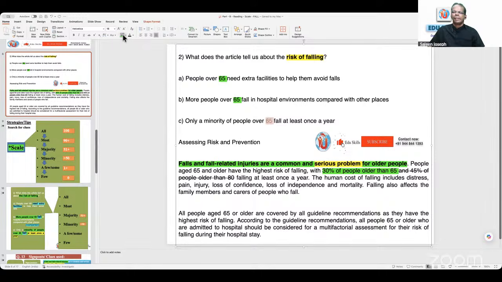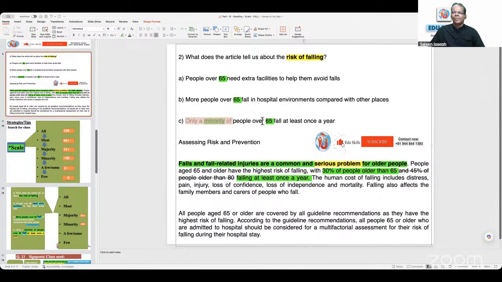Okay, got it. So 30% of people older than 65 fall at least once a year. So what does the article tell us about the risk of falling? Only minority. Minority means 30%. Only a minority of people over 65 fall at least once a year.